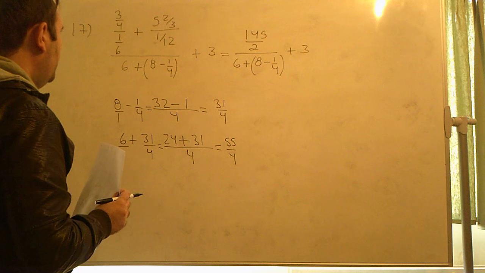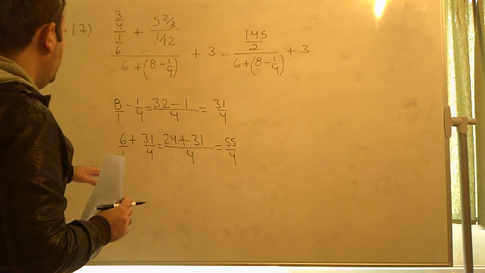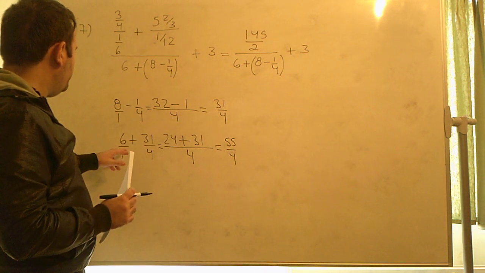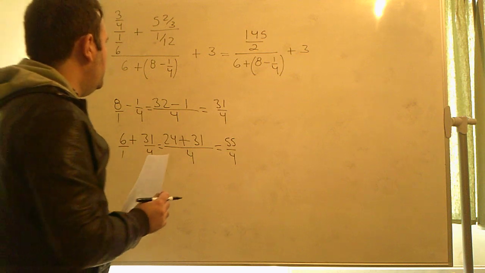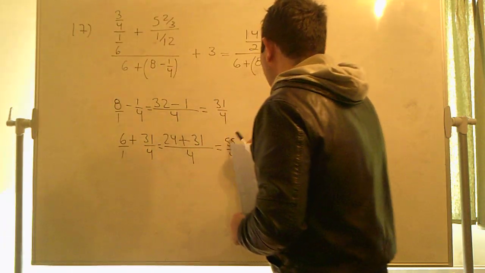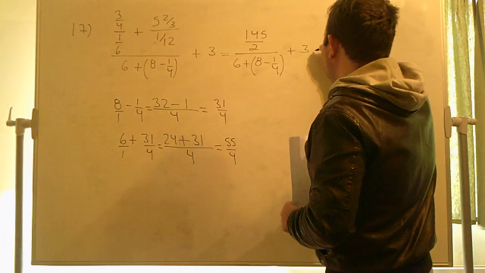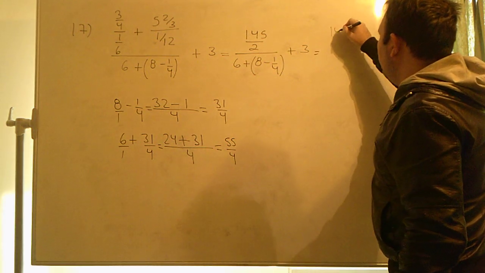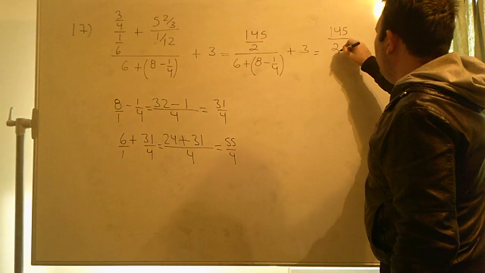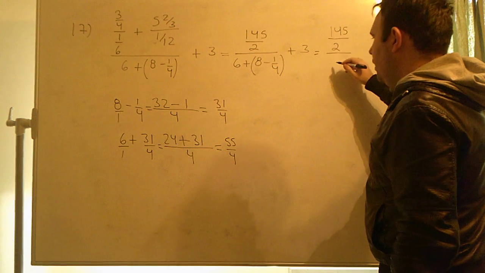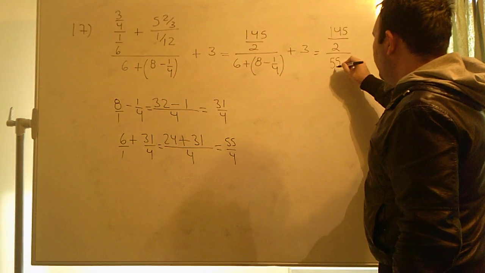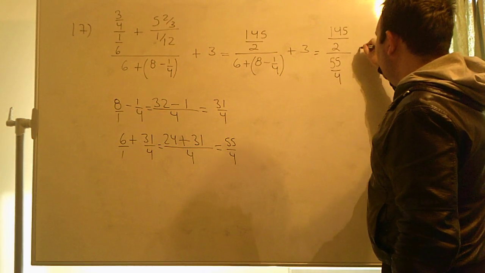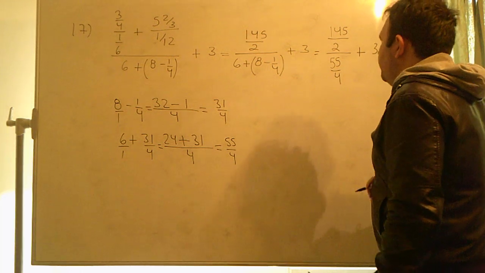Okay, so it turns out that the denominator is equal to 55 fourths, all this. So it will be 145 divided by 2 divided by 55 fourths plus 3.